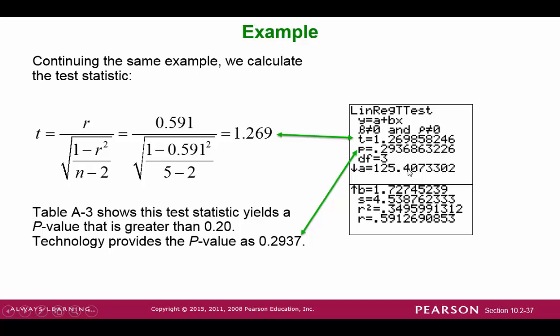So we got a t-value, a test statistic of 1.269, and a p-value of 0.237. So that's our test statistic and our p-value that we want to be able to report.